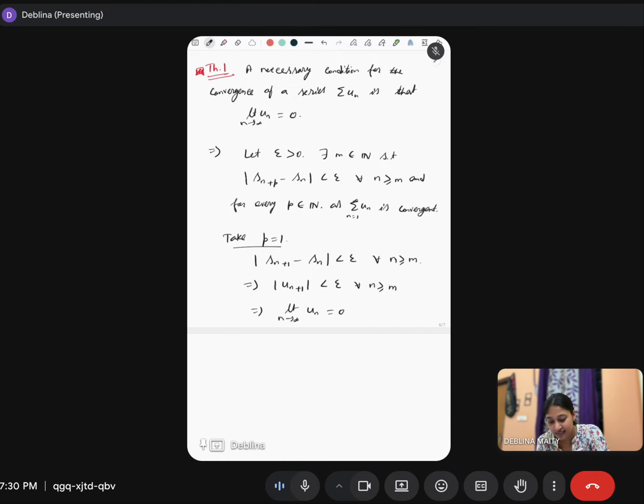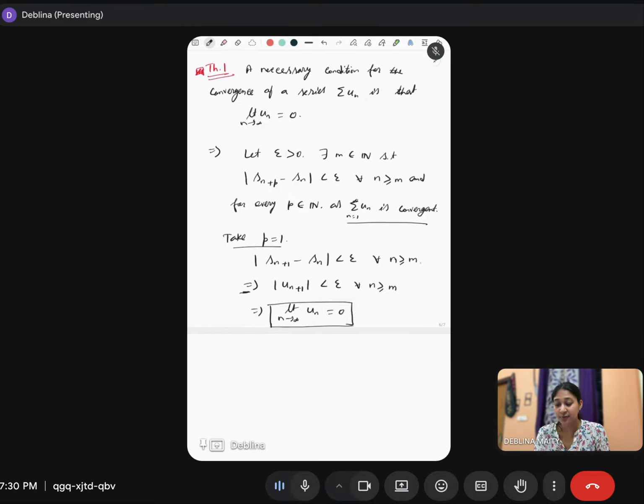This is actually this line. So that's why we write limit n tends to infinity un is 0. So we have taken that this series is convergent and we get limit un is 0.